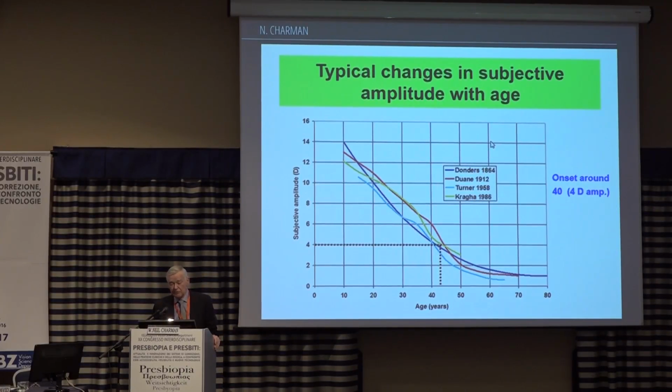Certainly since the time of Donders, again in the mid-19th century, people have been measuring the changes in subjective amplitude of accommodation with age, using different techniques, different subject populations, and so on. I just put down 4 of them here.